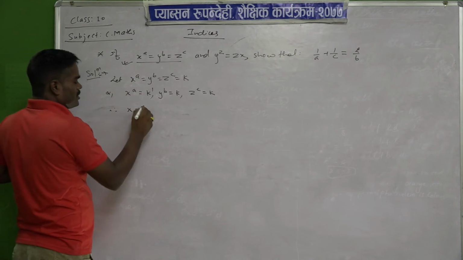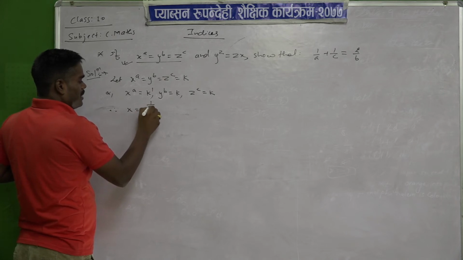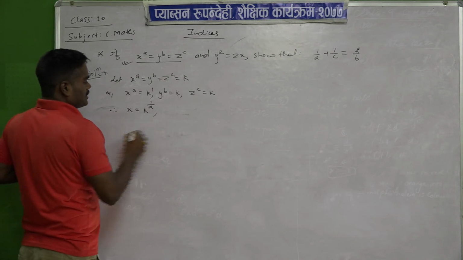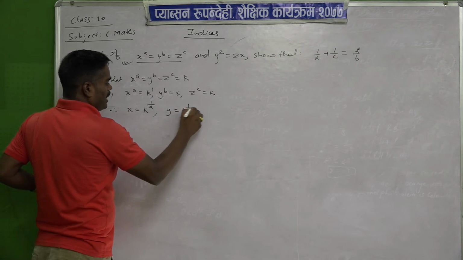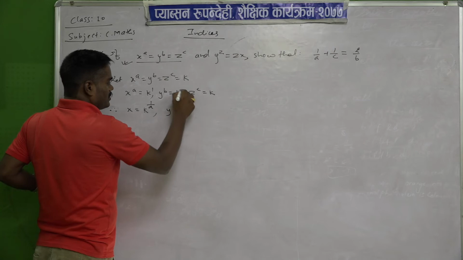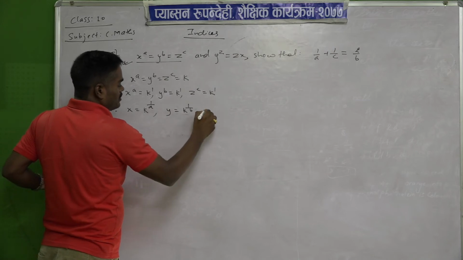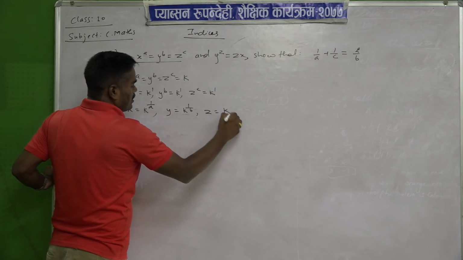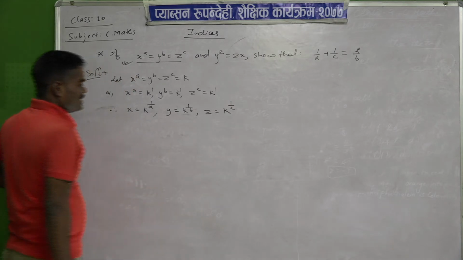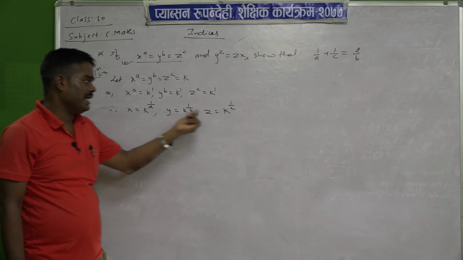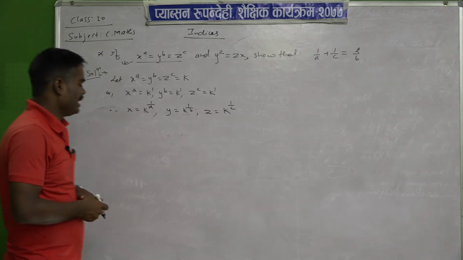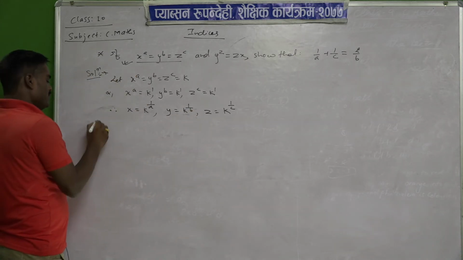So here it became k power 1 by a, like this, y equals k power 1 by b. Here all the power is 1, and z equals k power 1 by c. So, we have got the value of x, y and z in the form of k.